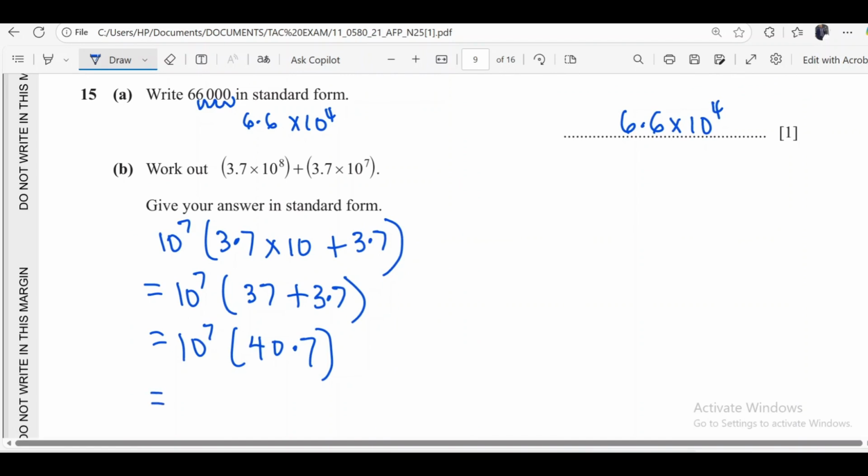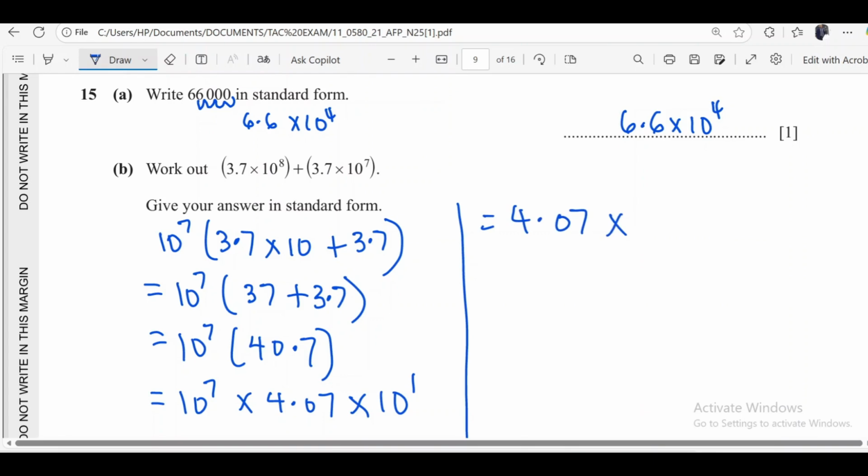So here we can write 40.7 in standard form also. 40.7 is 4.07 times 10 raised to power 1. So adding up, we have 4.07, then using the law of indices, this is 1 plus 7.